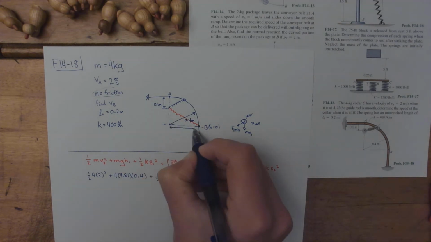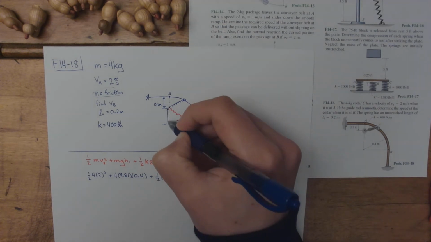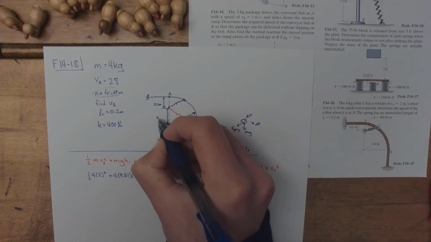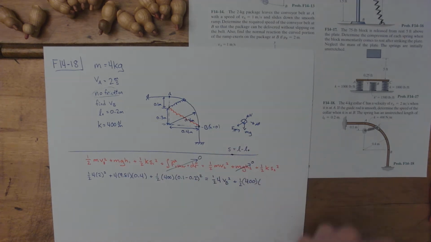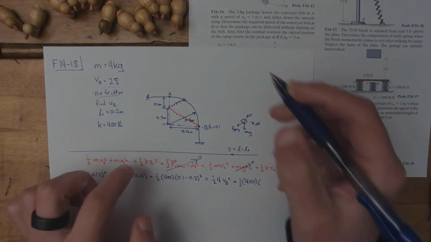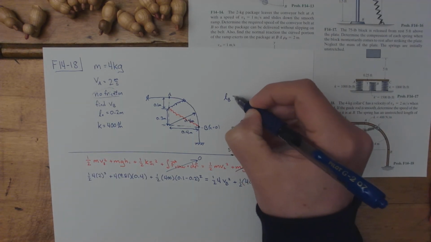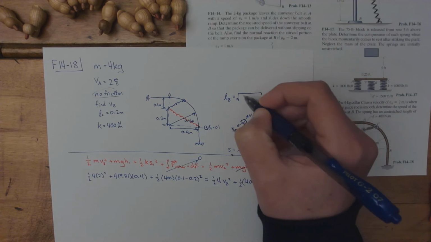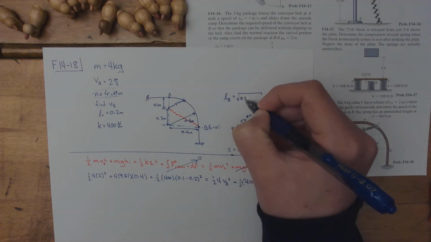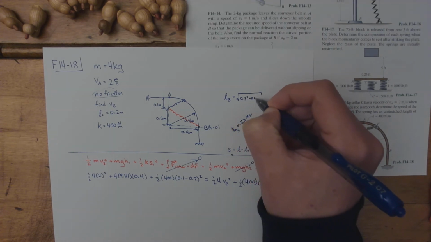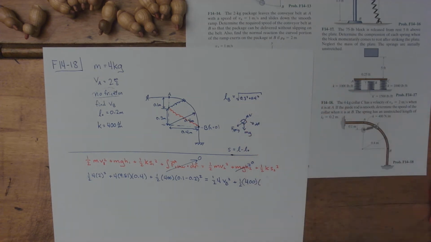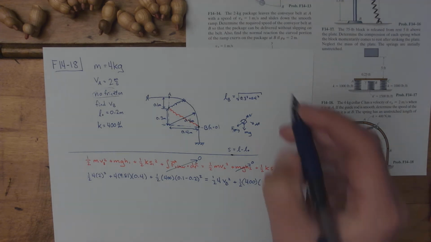This distance here is 0.4 meters. This distance here would be 0.3 meters. So the length of the spring when you are at point B, so I'm going to call this LB, is equal to the square root of 0.3 squared plus 0.4 squared, which is 0.5.